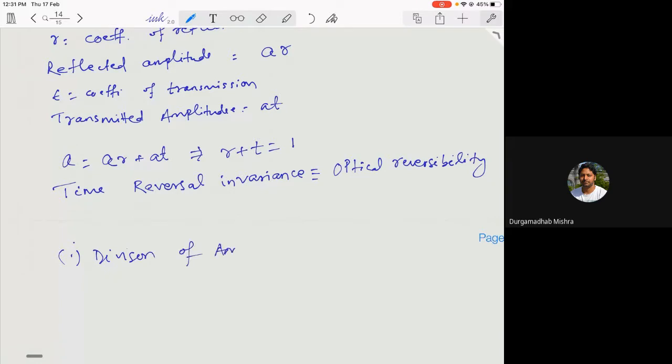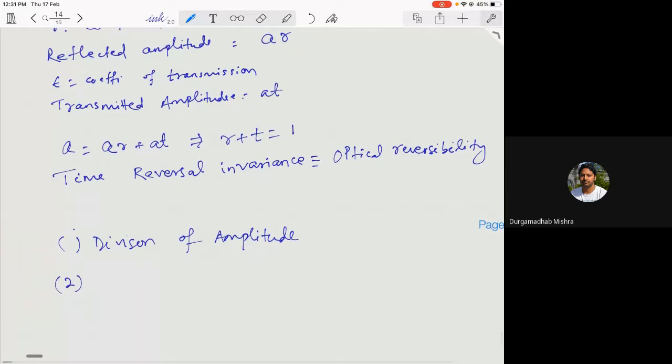Another thing can also happen, that is a change in phase of the wave. It is again very general, it can happen to all waves, mechanical waves or even this light wave as well.